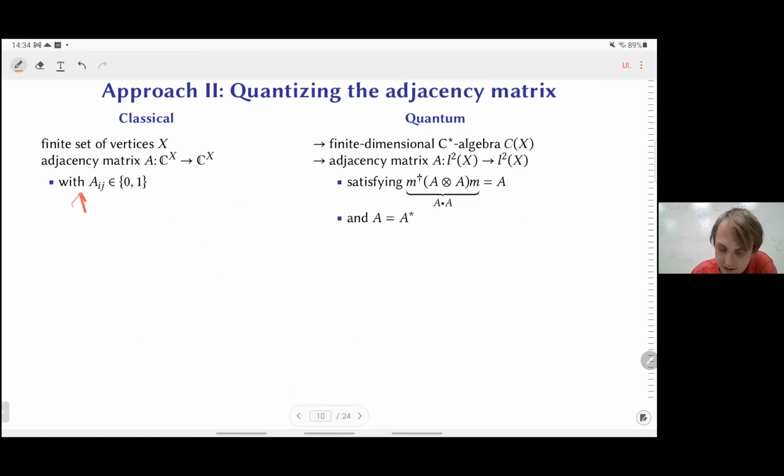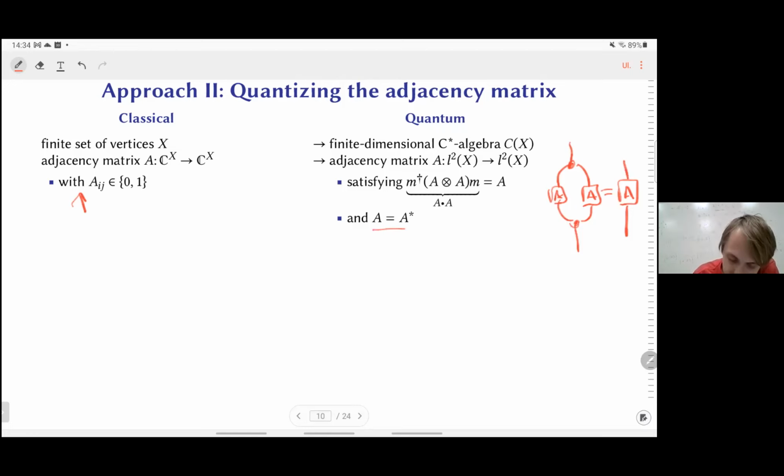this condition is replaced by this condition. So this is what I've already drawn here, like this. This is mimicking the condition that this matrix A consists only of zeros and ones.